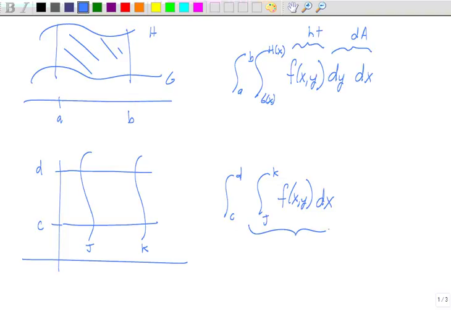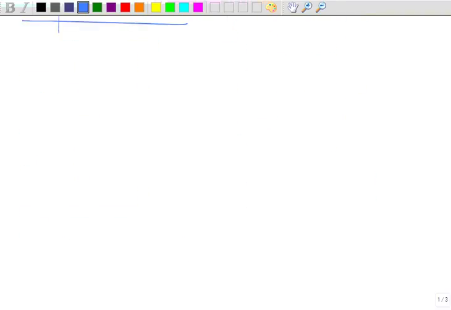We would do this first and then integrate with respect to y. And again, that would be the height and times the area would give us the volume if the function is positive. So we'll see that later. But right now, what we're going to do is do the Riemann sum in this section.